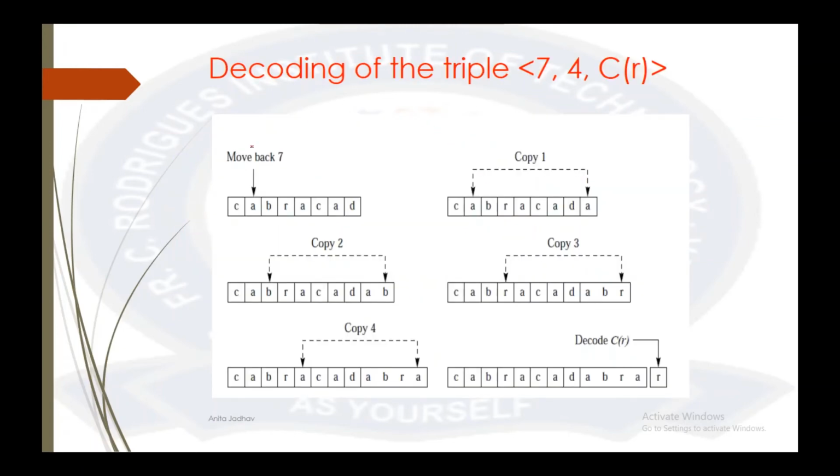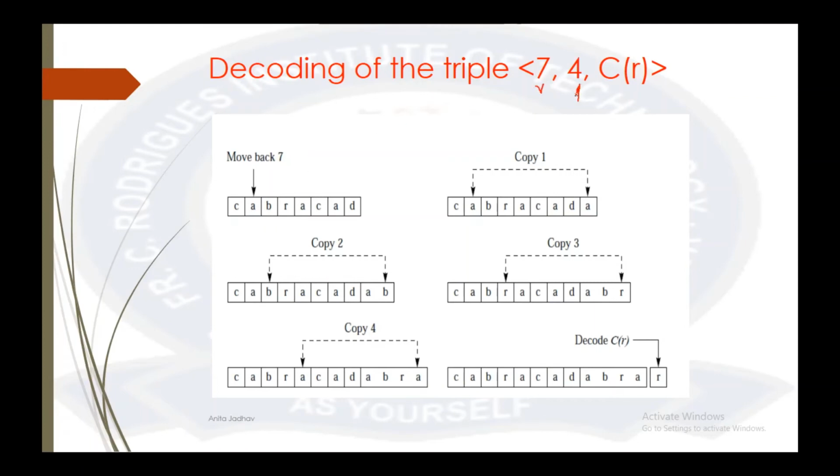So what is after that? What do you receive? You receive 7, 4, code of R. So you already have this, and you know when the offset is written, it is counted from right to left. So count 7. 1, 2, 3, 4, 5, 6, 7. So you have come to the 7. So you have utilized this particular one.